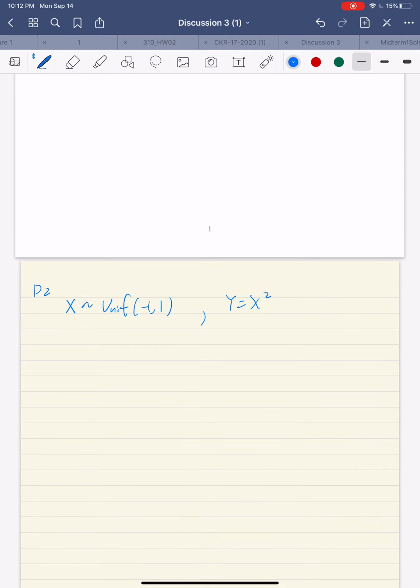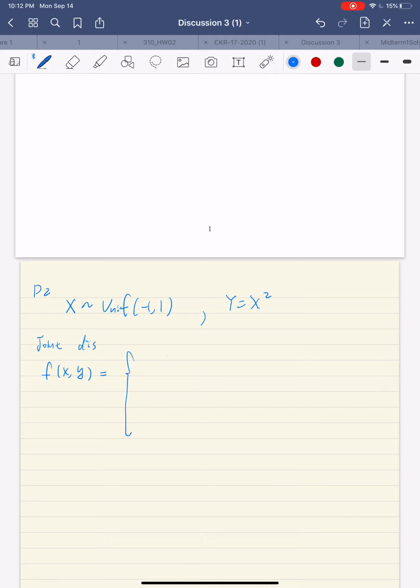But we can also do what we did before, like find the joint distribution of x and y. This one is tricky.